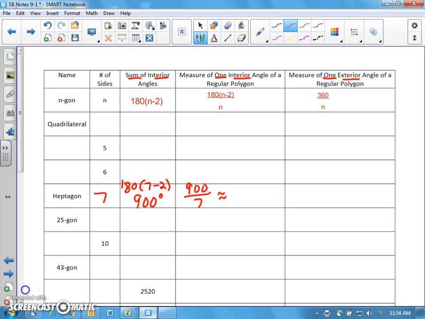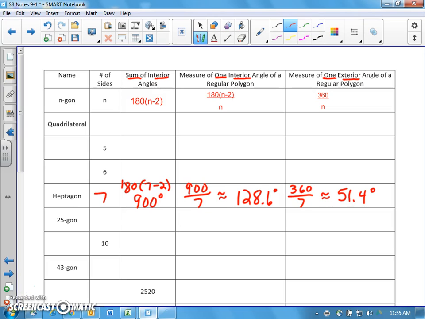That's not going to work out evenly, so we're going to say that that's approximately equal to 128.6 degrees. And our last column is the measure of one exterior angle, so we're going to take our 360 degrees and divide by the 7 exterior angles that we have and get that to be approximately 51.4 degrees.